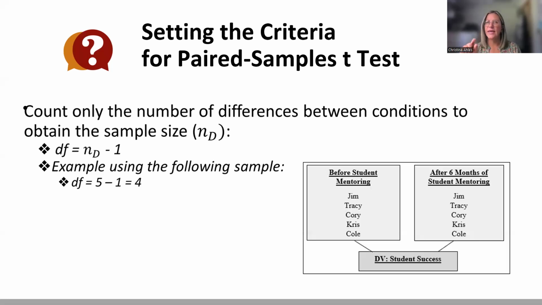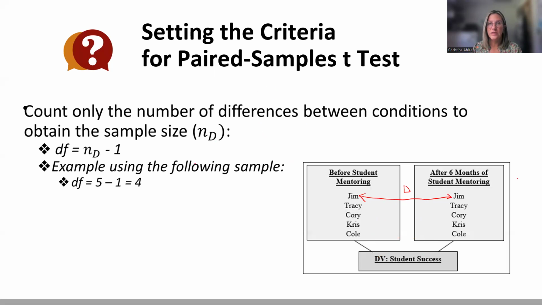I use N and then D, and D is for the differences, because if you look at the participants here, Jim is in the before and the after, and there's a difference between his before score and his after score. The differences are the difference between Jim's scores, Tracy's, Corey's, Chris's, and Cole's. So the sample size is just the number of participants, not the number of observations. It's the number of participants.